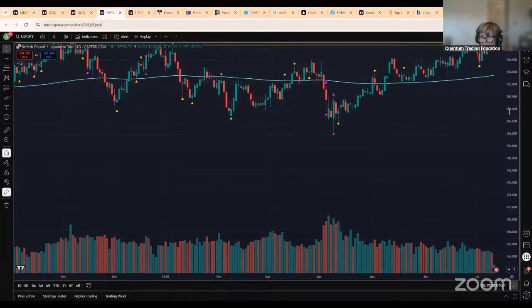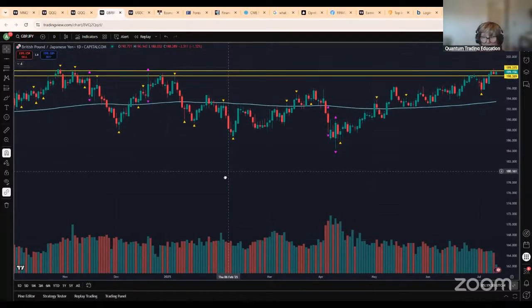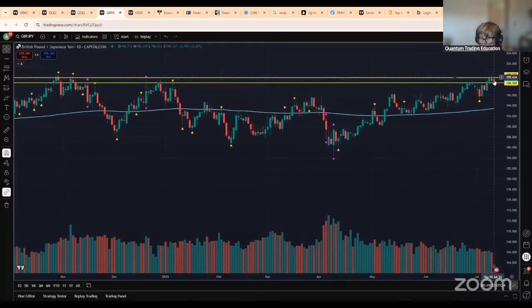Now, I actually have two levels on here, as you can see. Between these two, if you like, railway tracks. And when the price hits two levels that are relatively close together, we can expect a degree of consolidation.